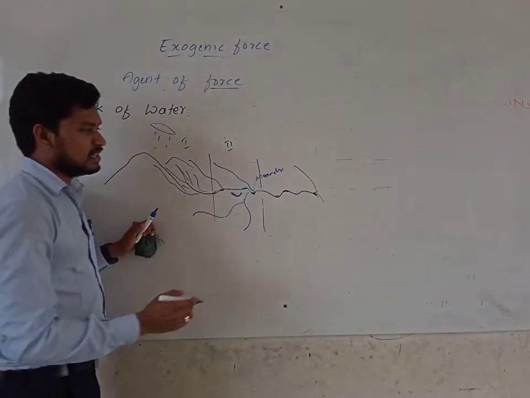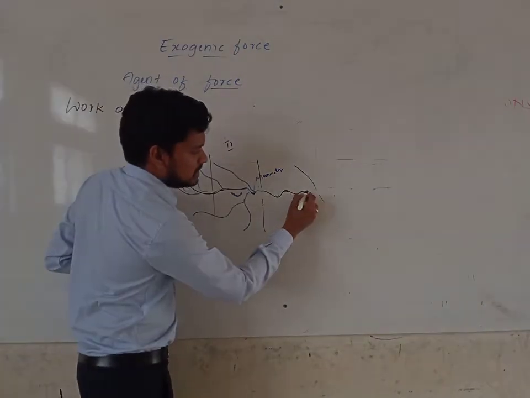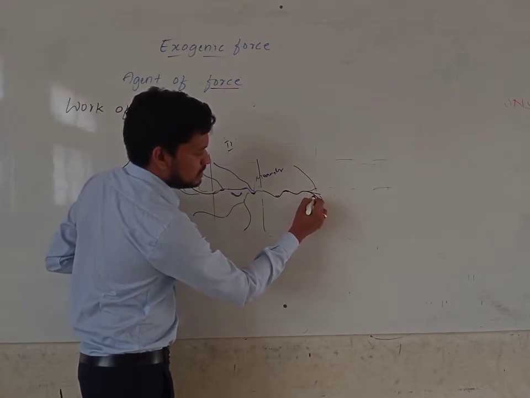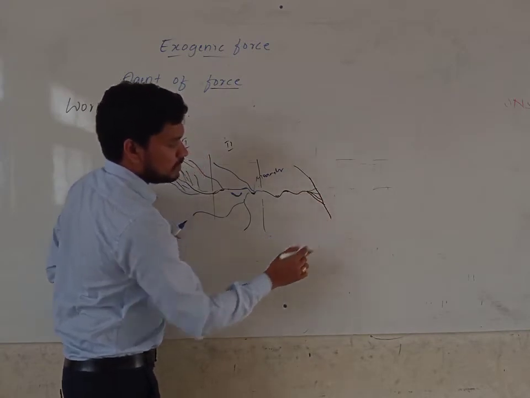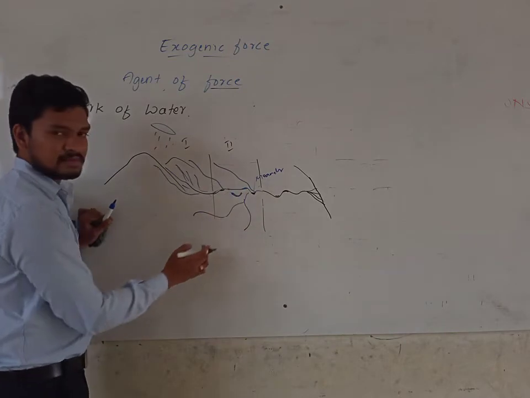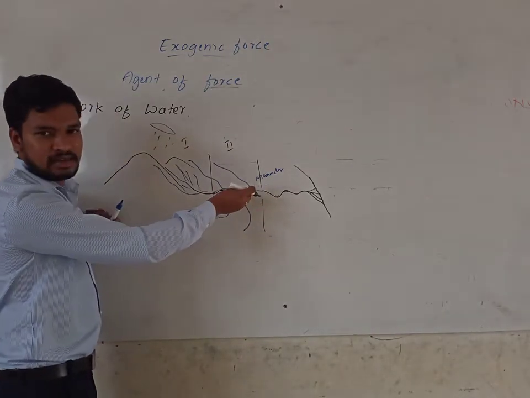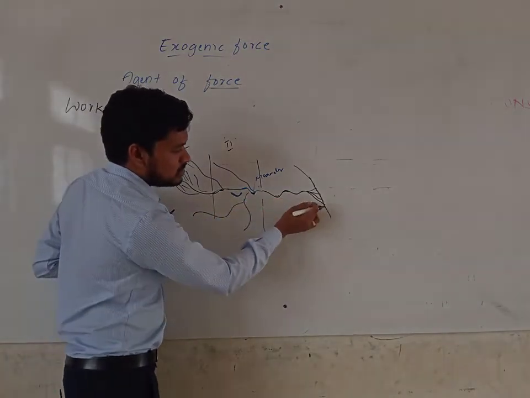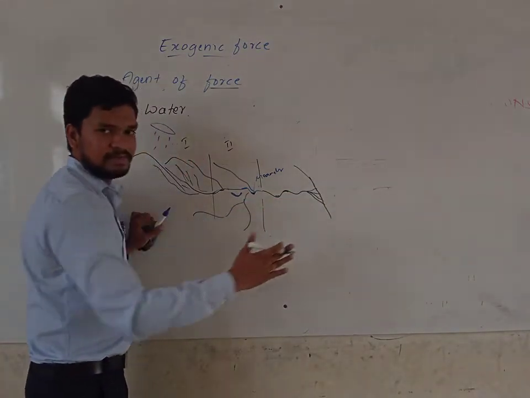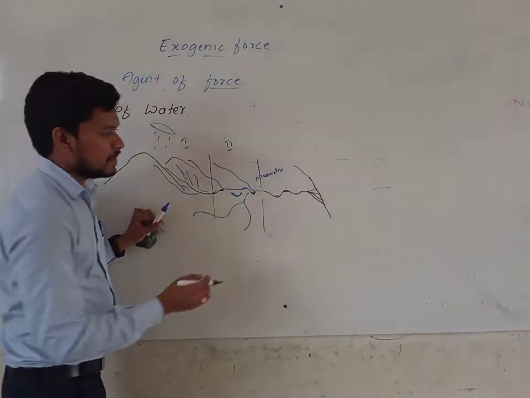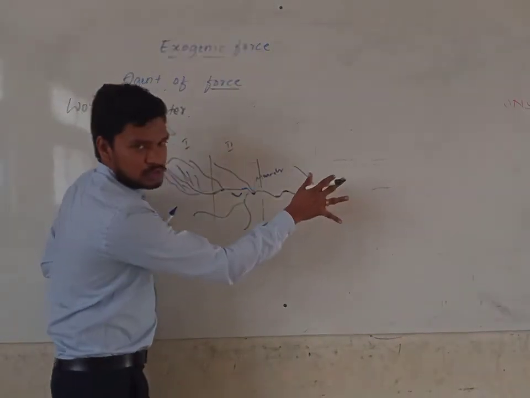So here before discharging its water, it creates the distributaries. These are tributaries, the sub-rivers that connect into the main river. Then when it goes near to the sea and ocean, near the beach, it distributes.